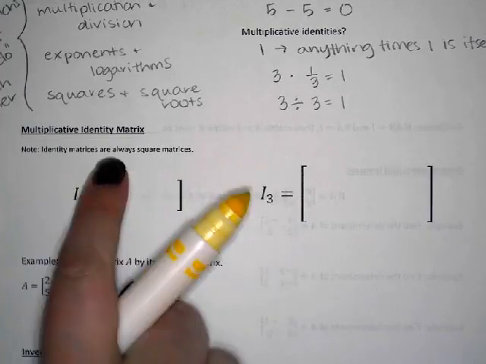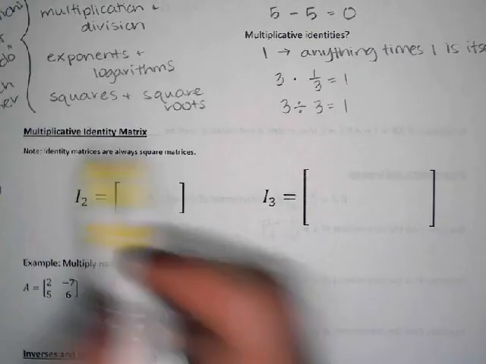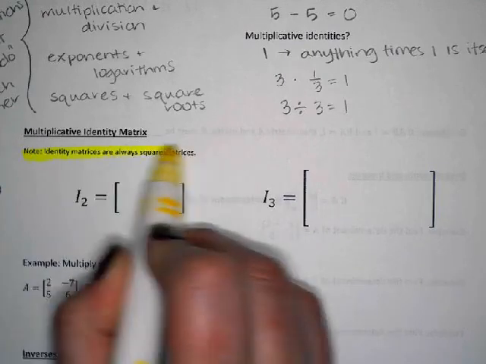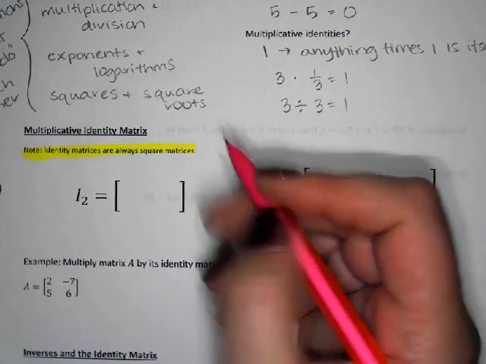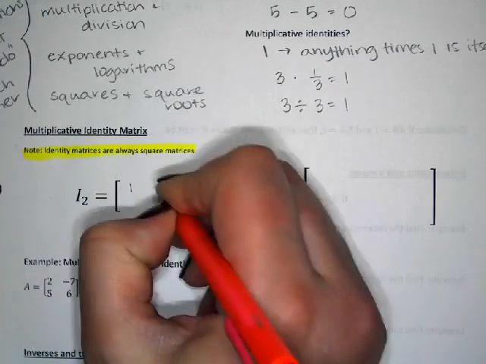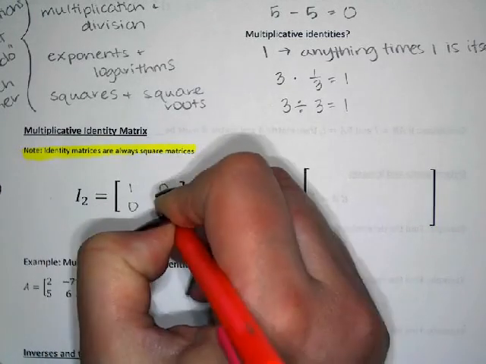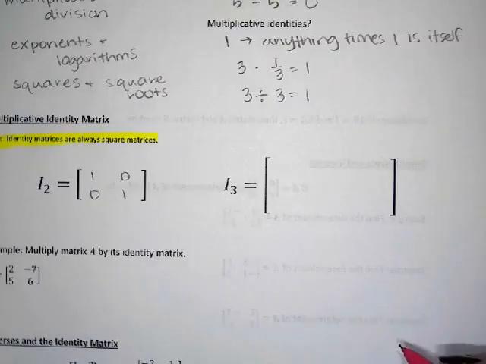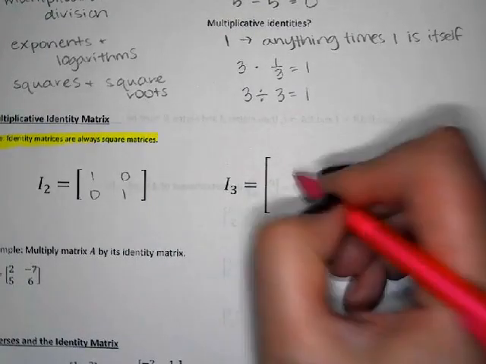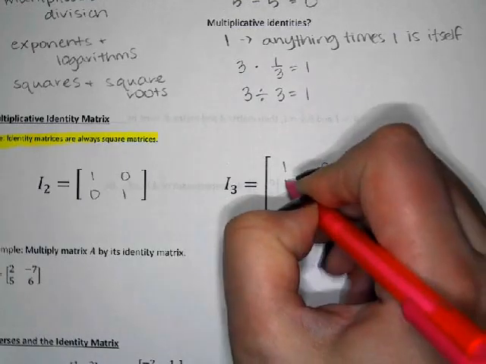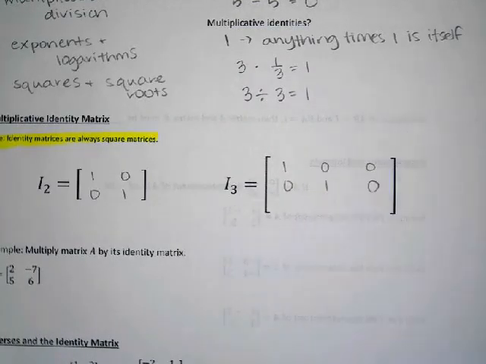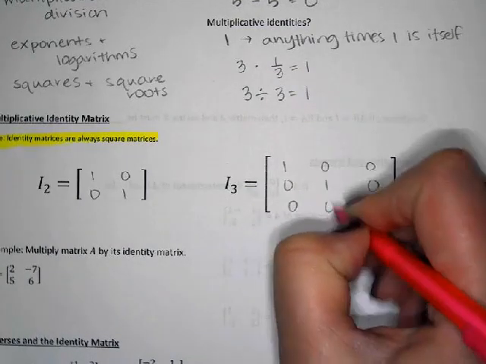Identity matrices are always square matrices, which means it's going to be a 2x2 or a 3x3. And this is what they look like. 1, 0, 0, 1. Now if I do a 3x3, it's going to be 1, 0, 0, 0, 1, 0, 0, 0, 1.